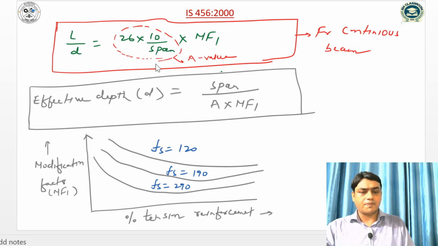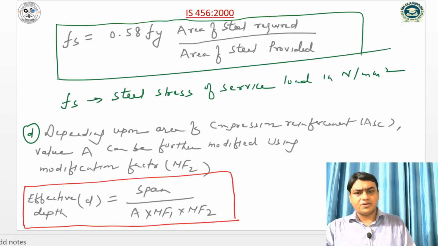In the case of a simply supported beam it will be 20 into 10 by span, or in the case of a continuous beam it will be 26 into 10 by span if the span is greater than 10 meters. Otherwise we have to take the values of 20 and 26 once the span is less than 10 meters.